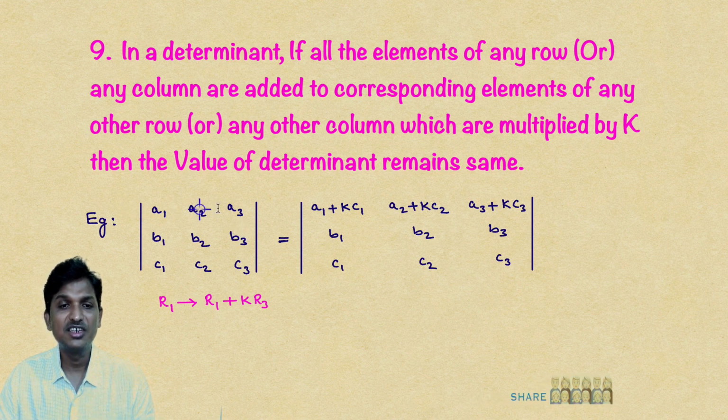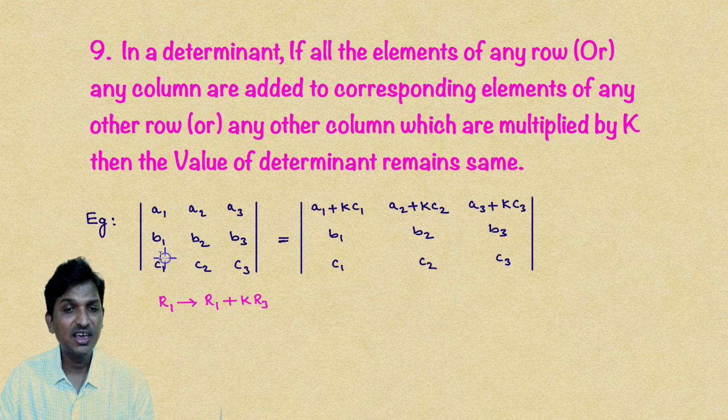See here, in this determinant, all the elements of the first row, that means a1 plus k c1, try to understand. I applied this operation to this determinant. See, all the elements of the first row, a1 plus k c1. Look here, a1 plus k c1. What happened here? All the elements of the first row are added to the corresponding elements of the third row, which are multiplied by k. I am applying that operation. You see here, a2 plus k c2.